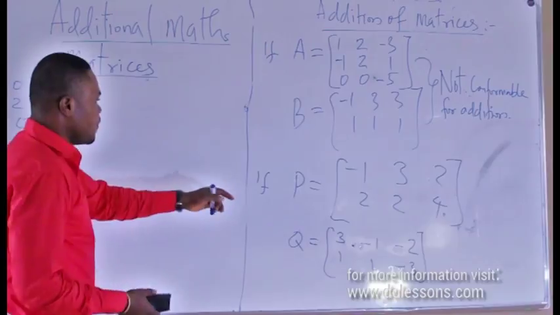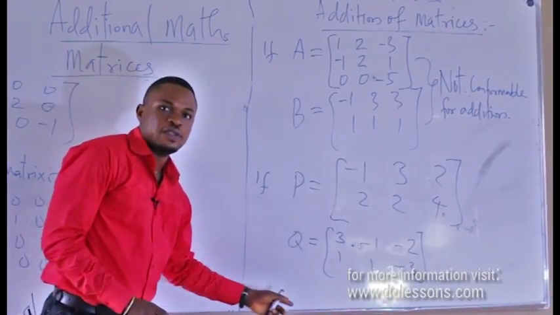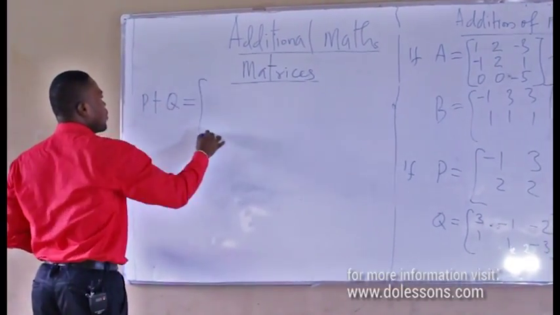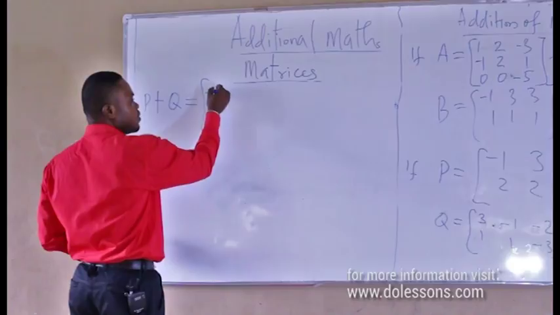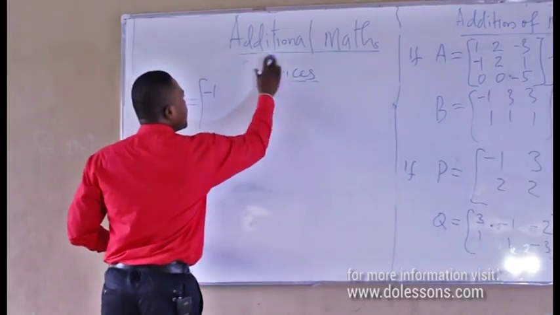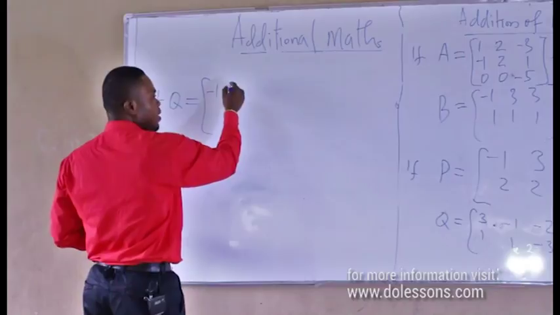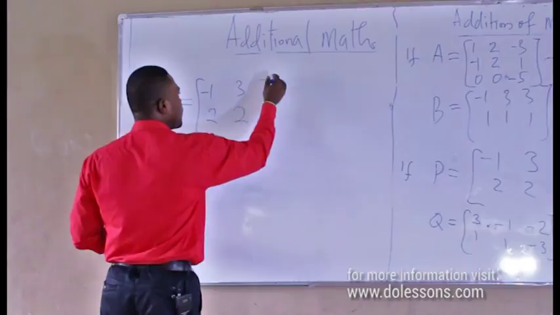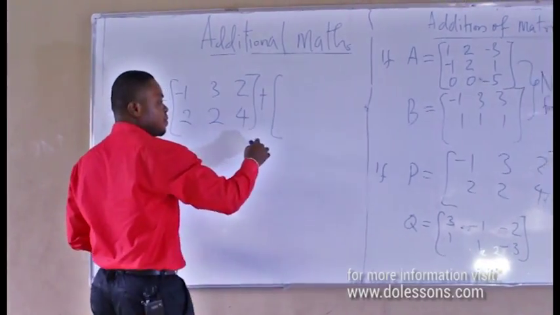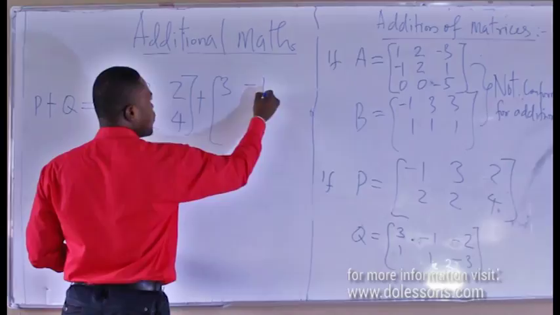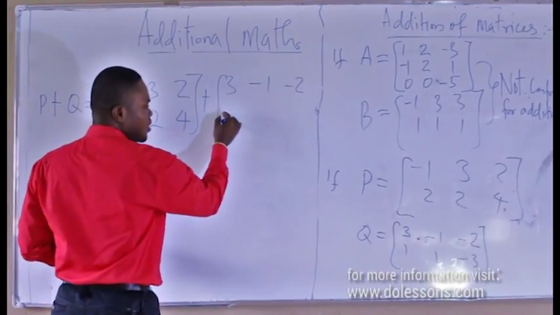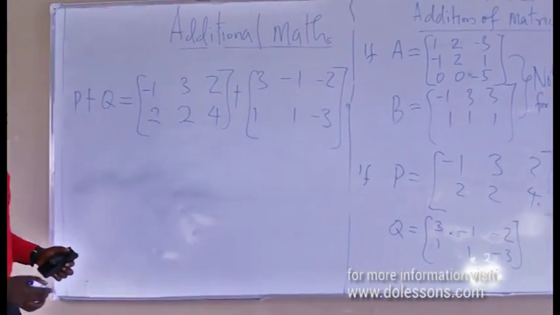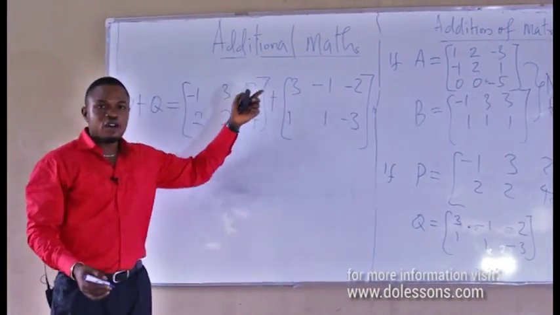If I want to add these two matrices, P plus Q is equal to matrix P, which is minus 1, 3, 2, 2, 2, 4, plus matrix Q, 3, minus 1, minus 2, 1, 1, minus 3. So the addition there is done correspondingly.